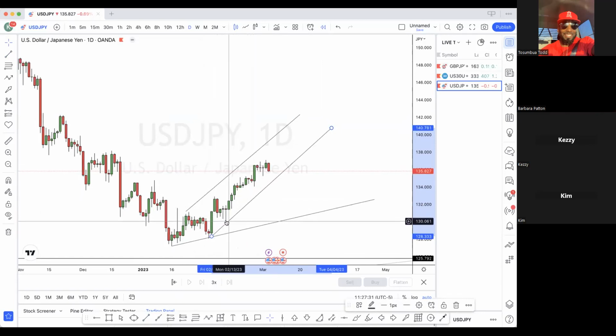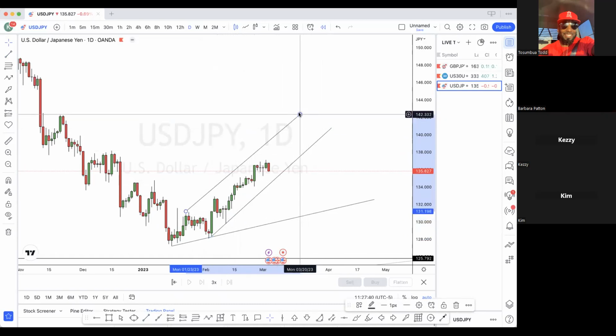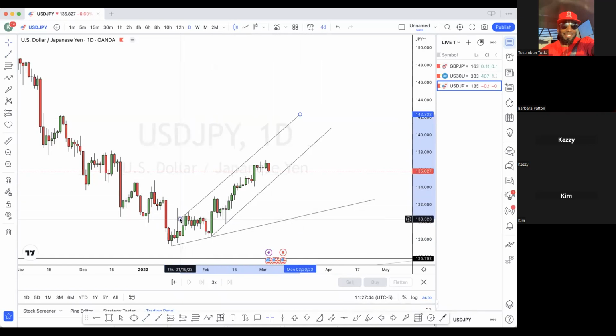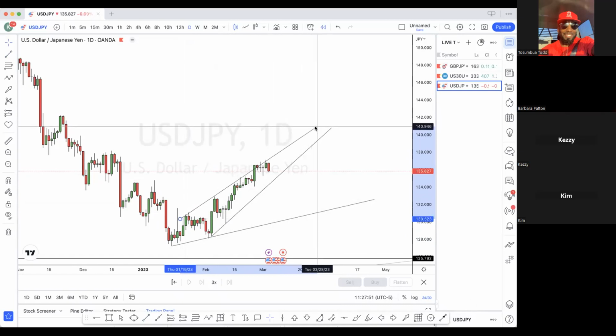I make sure my trend lines touch all the swing lows. And if you're able to create a channel, I say you can create a channel, but right now this is not giving me what I need.